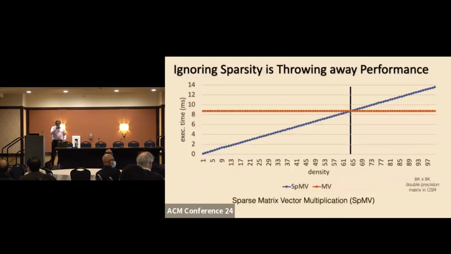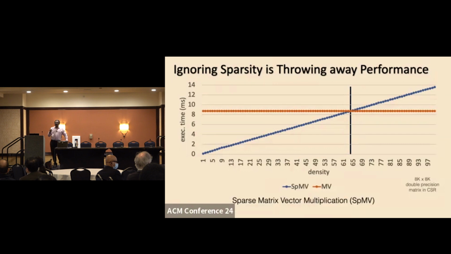So how does sparsity work? Let me give you some performance information. This is running on a CPU. As data gets denser and denser, you have more and more computation to do. If you do just a normal matrix vector multiply, it doesn't matter how much sparsity, you are multiplying the full matrix and get flat performance.